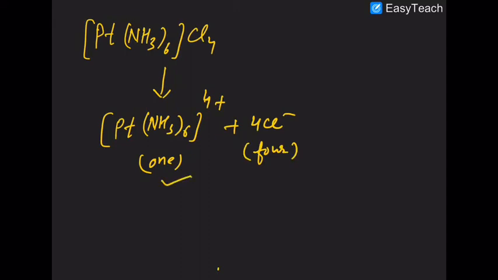So 1 cation and 4 anion, total 5 ions are there, and these 5 ions will give you conductivity value. Why? Because ions in solution can carry charge.